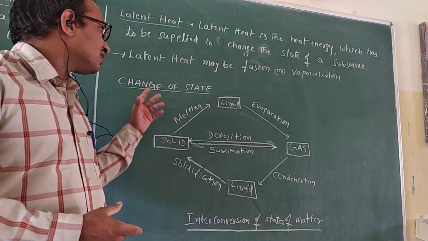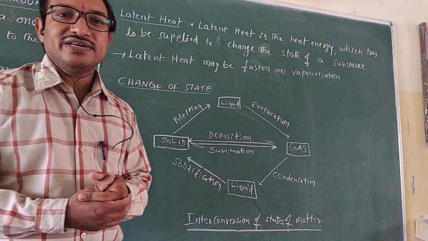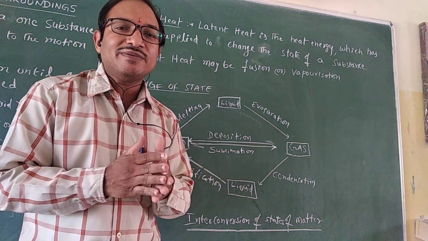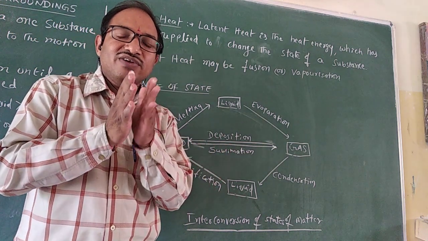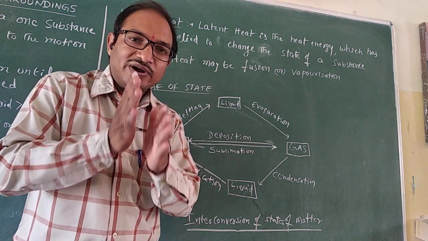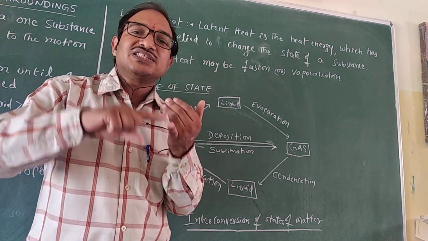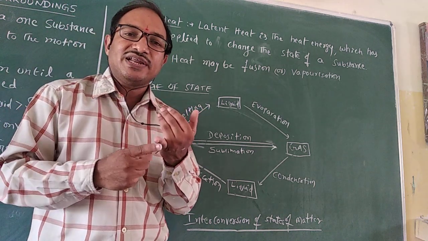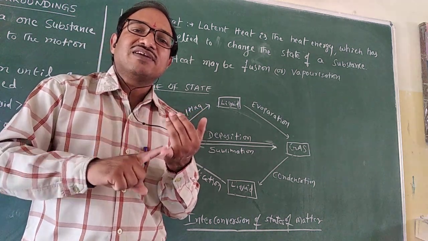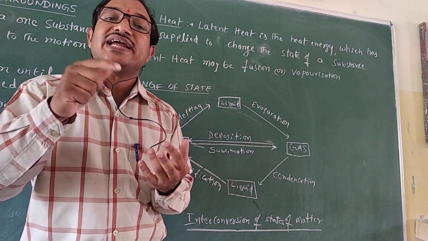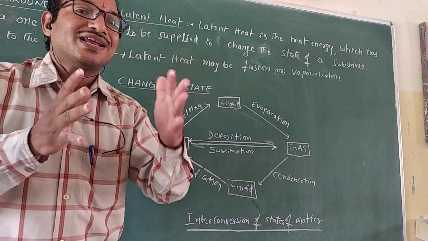Meanwhile, you can see the boiling point and melting point. Boiling point means the temperature at which the liquid is converted to gas at atmospheric pressure. The pressure is also important.